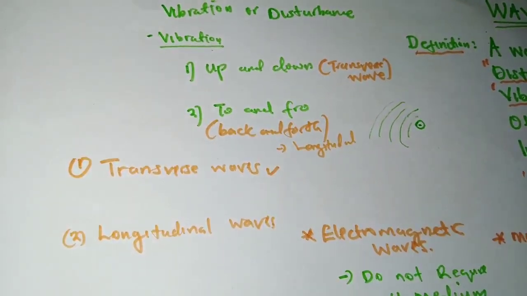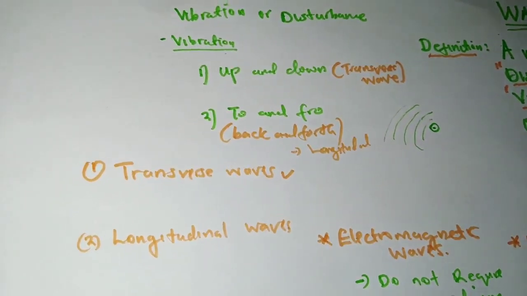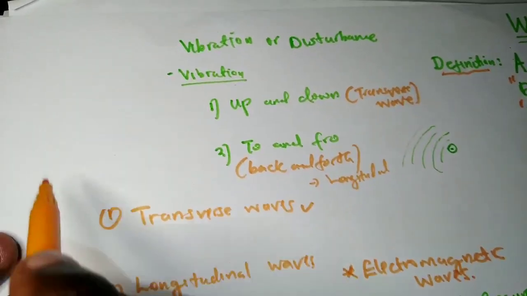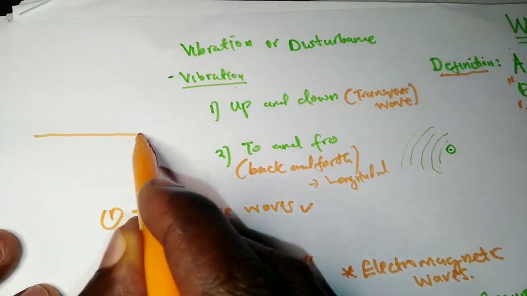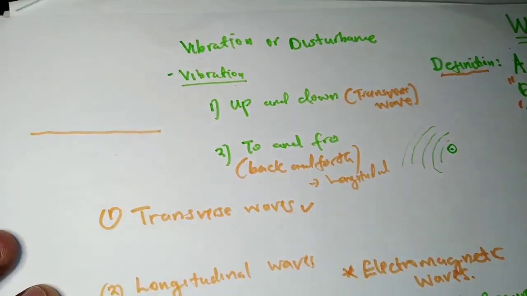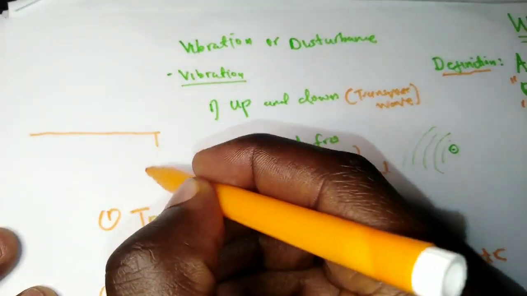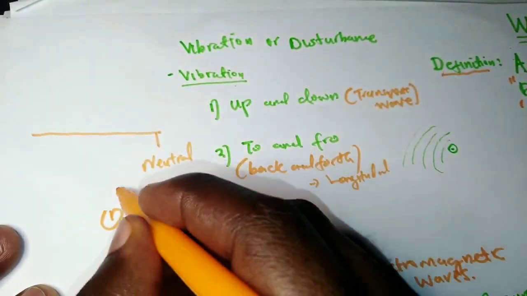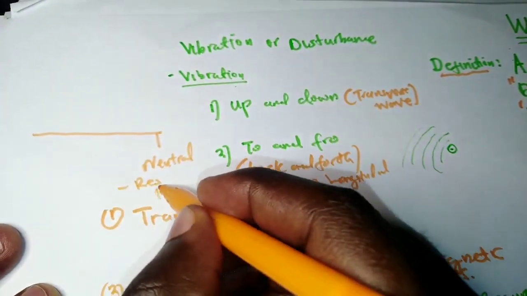Let me illustrate something before we go any further. Let's say this is a line. We can call this line the neutral position, or rest position.